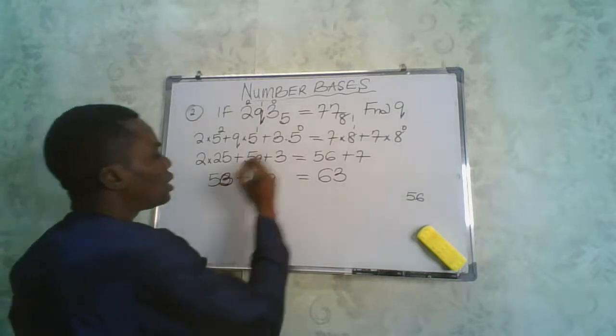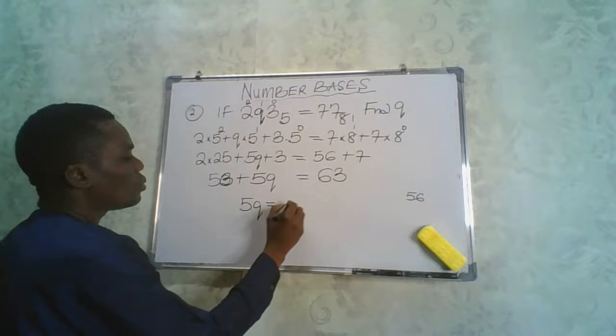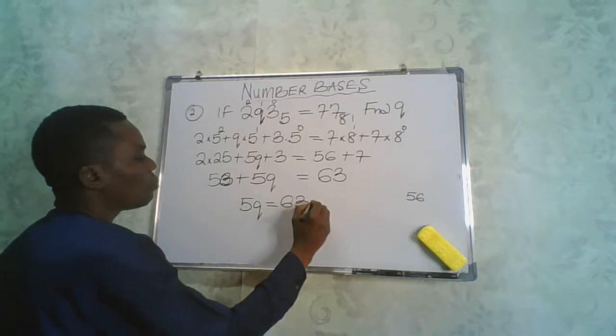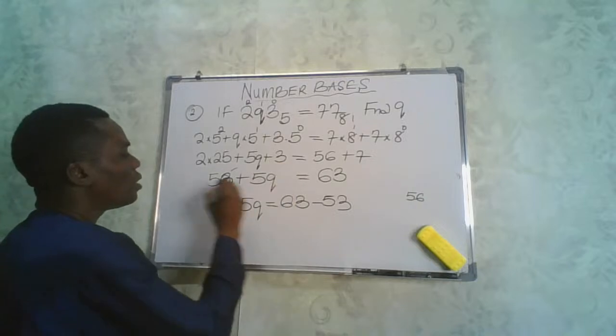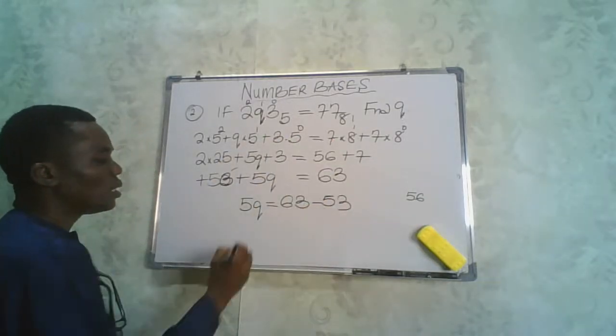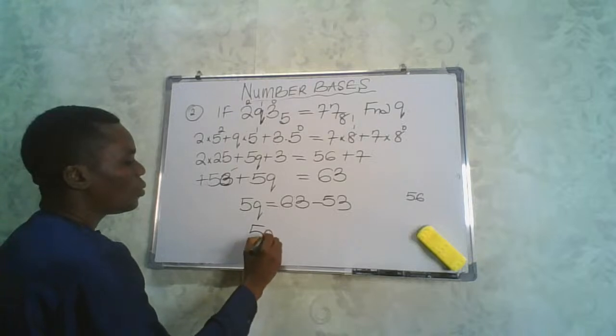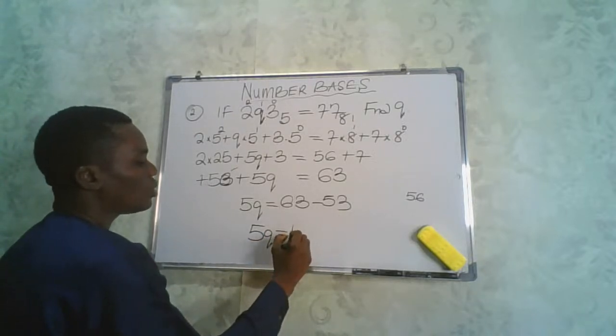So we're going to take this over here. Our 5Q will be equal to 63 minus 53, because this positive will come over here to become negative. So our 5Q will be equal to 63 minus 53, which is going to give us 10.